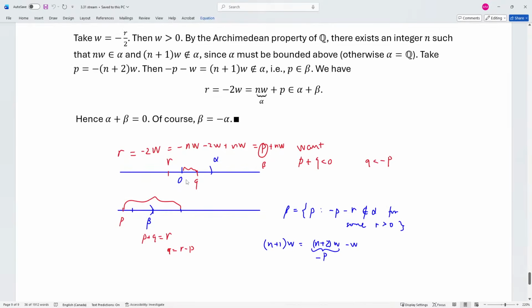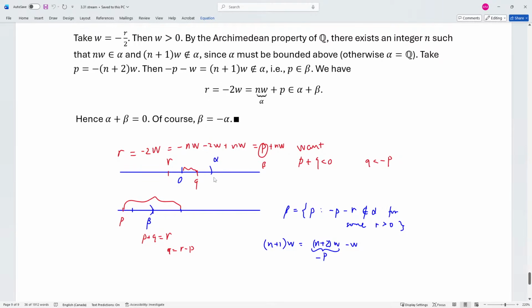So here we have the 0 here, and alpha is here. We want to define negative alpha. Our candidate for negative alpha is called beta. The way we define beta is that it's a collection of points P such that its own negation is not in alpha. But it turns out it's not quite enough, because alpha does not include its boundary point, so to say.